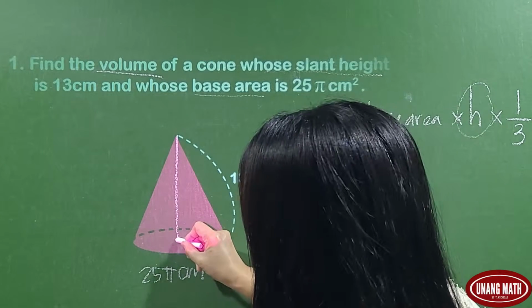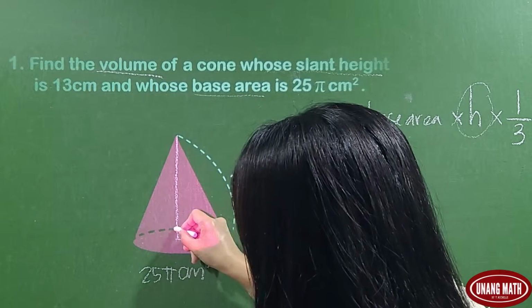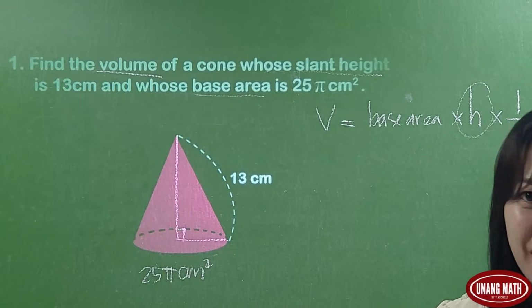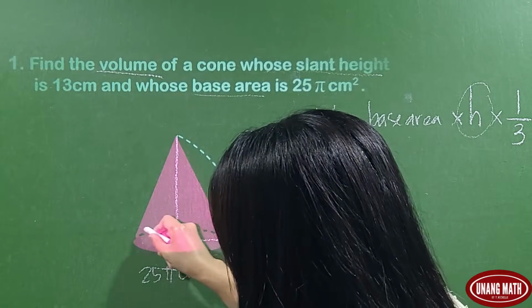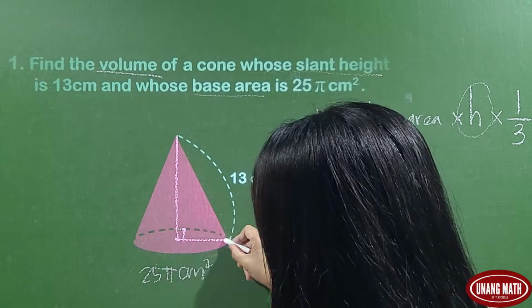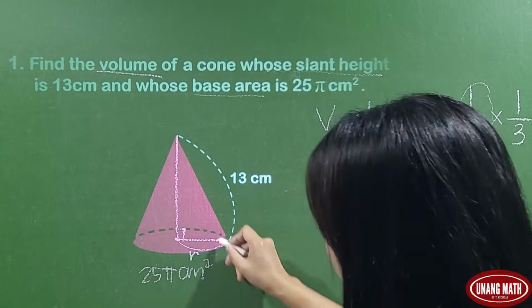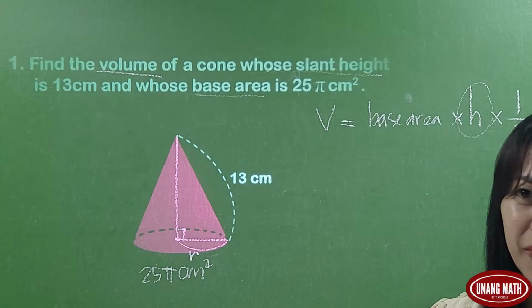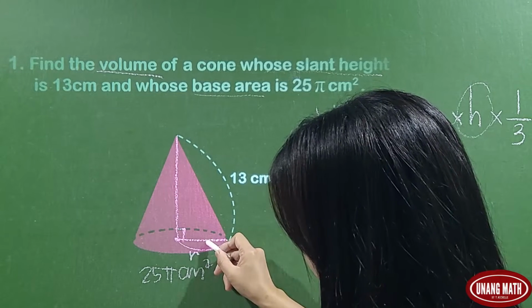So if it's perpendicular to this base, then that means this is 90 degrees. From the center of this circle to this point, this is what we call the radius of this circle. So what would be the radius of this circle?